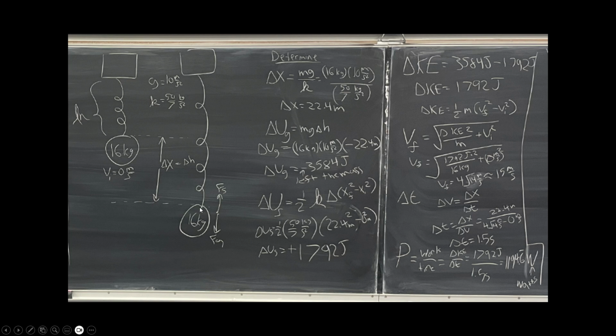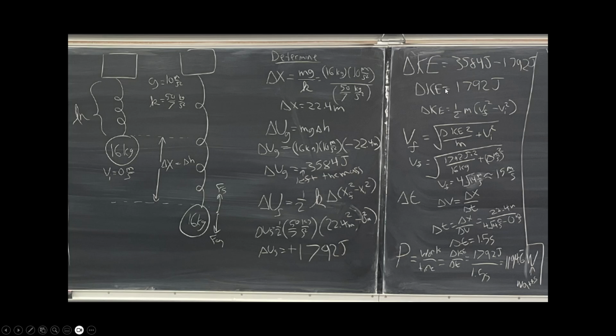But the first time it reached this position, this is the change in kinetic energy. That would be 1,792 joules. So half the energy that was lost by gravitational potential energy went to the spring potential energy, and the other half went to the kinetic energy of our mass.